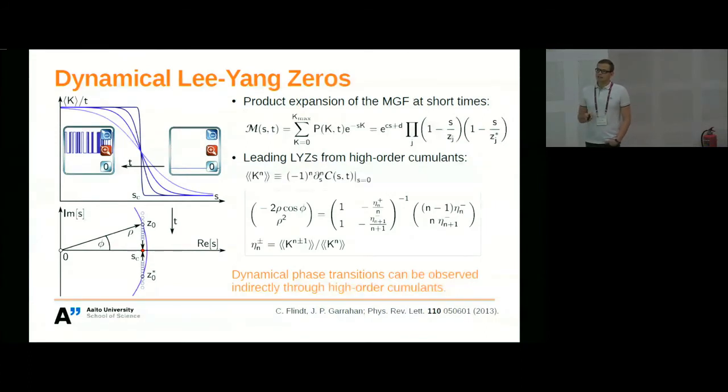Because what we can just do is take these cumulants, which we can calculate from the experimental data, plug them into this expression, and we get the coordinates of the leading Yang-Lee zero. Then we do that time resolved, we see this trajectory, and as the trajectory closes in or converges to some point, we can identify a dynamical phase transition. So that's the strategy.